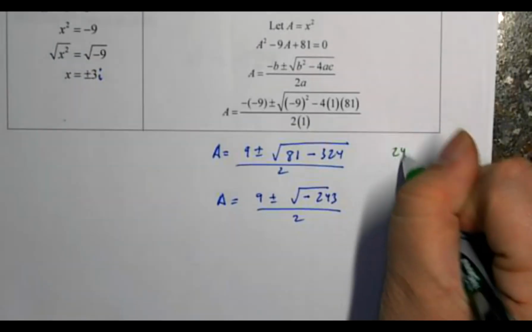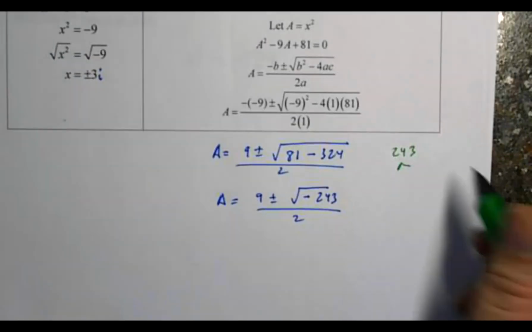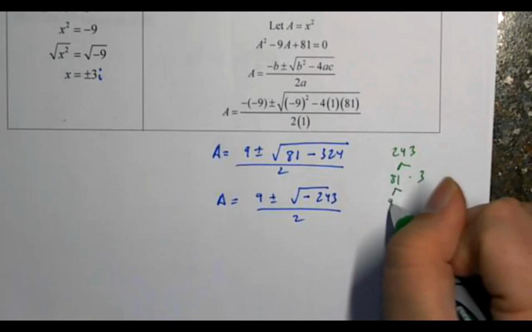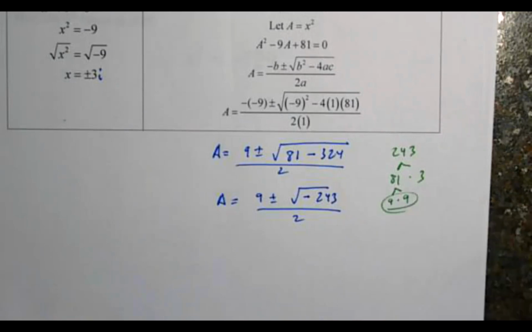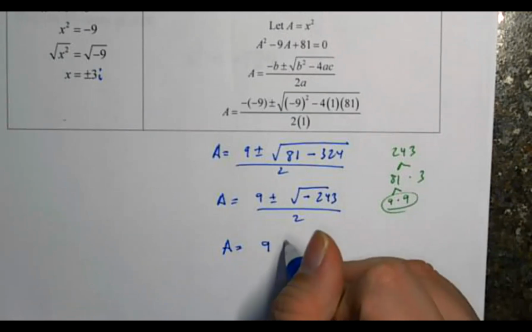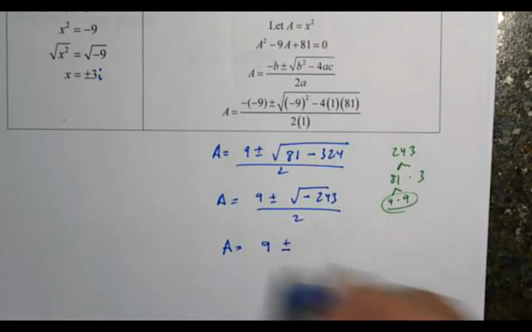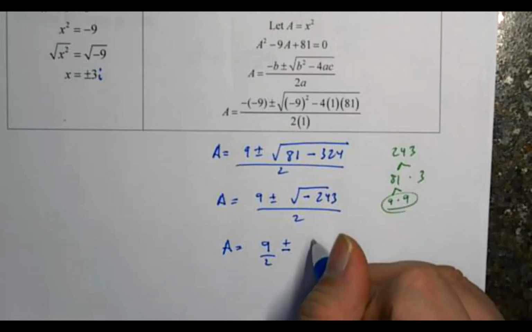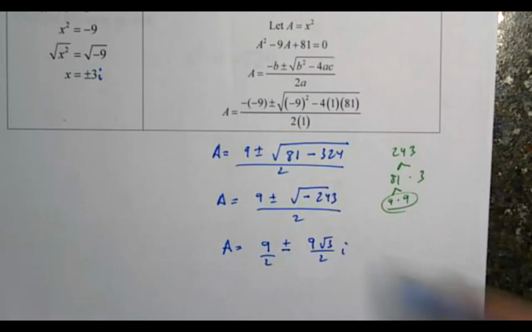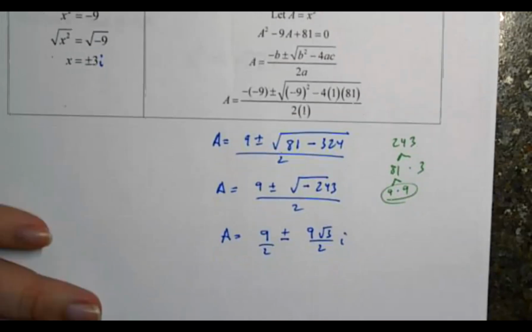Okay, 243 is 81 times 3. And 81 is 9 times 9. So I have a pair of 9s, so I'm going to go ahead and pull out a 9. I'm going to change this to 9 halves plus or minus 9 square root 3 over 2 i because it is an imaginary.